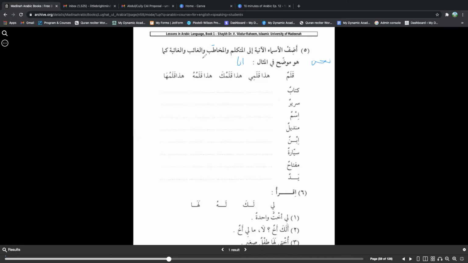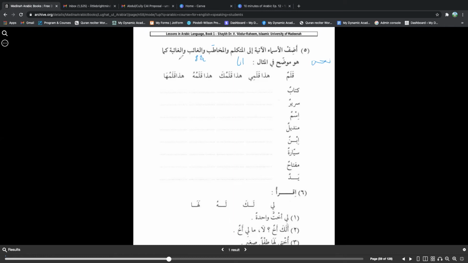Yani he or she is not being addressed. So the ghaib is huwa. Either it's connected, muttasil, like this, with a dhamma, like baytuhu, siyaratuhu. If it's not connected, if it's damir munfasil, separated, then it's going to look like this.